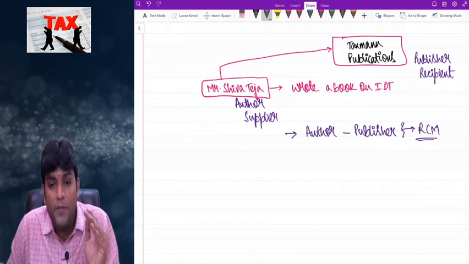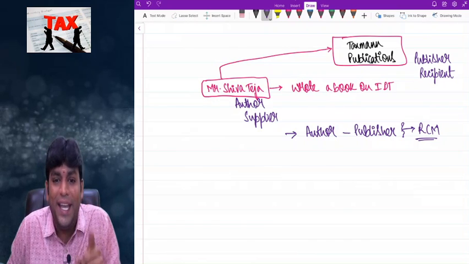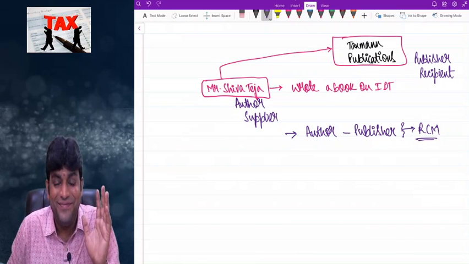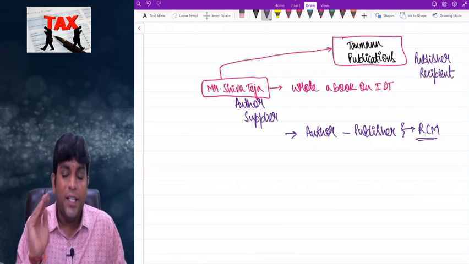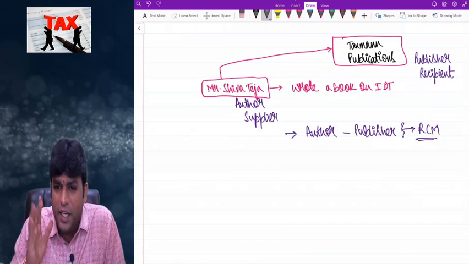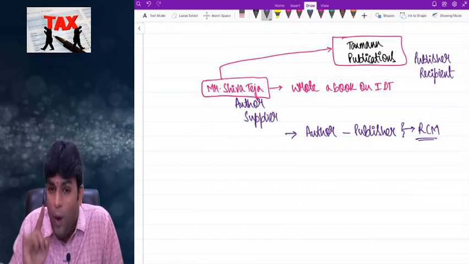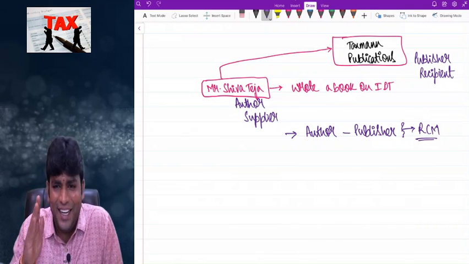But once he opts for forward charge, he cannot withdraw for a period of 1 year from the date of exercising the option. Getting clarity, right? That means in general it is RCM, but author can choose to pay tax under forward charge. But if he chooses to pay tax under forward charge, then he cannot withdraw that option for a span of 1 year from the date of exercising the option. Clear, right?